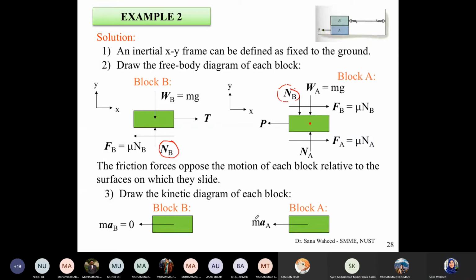Okay. Two simple examples. The only thing that was complicated in this one was the directions and magnitudes of the reaction forces in between A and B. Meaning NB will act on both, and the frictional force will also be the same but acting in opposite directions. Okay.